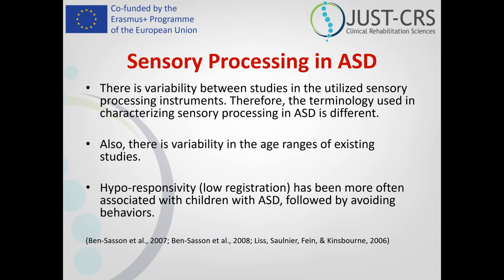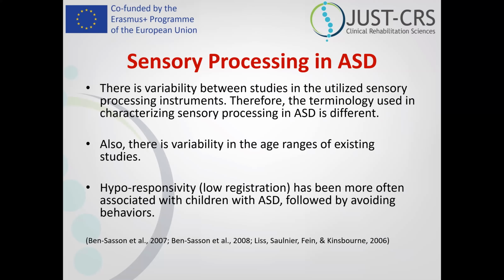As I said, there's variability in the literature in the utilized instruments for sensory processing. That's why we have different terminology like tactile sensitivities, seeking, avoiding, and also there is variability in the age ranges.